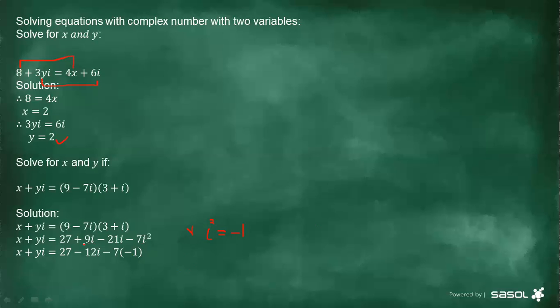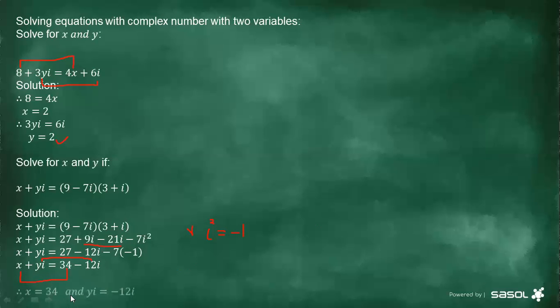Then we add these because these are the like terms. And then we said 9i minus 21i, which is negative 12i. And then this i squared is negative 1. And then this is what we are having. Then we equate this one, and then we equate this one.